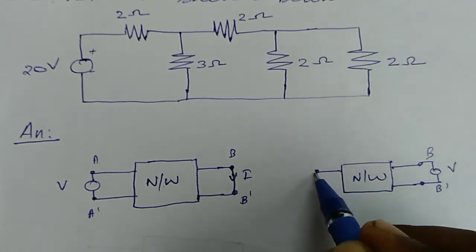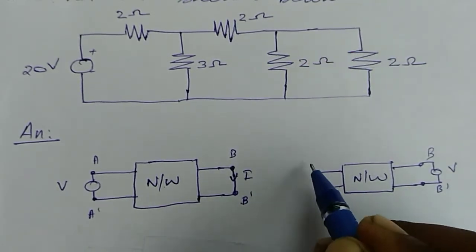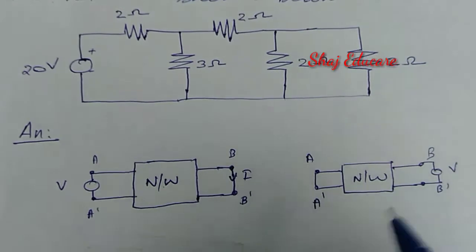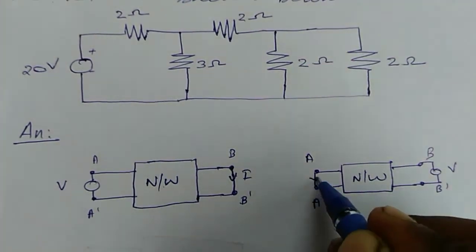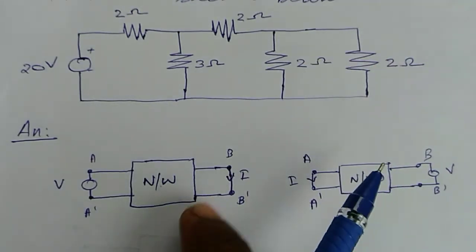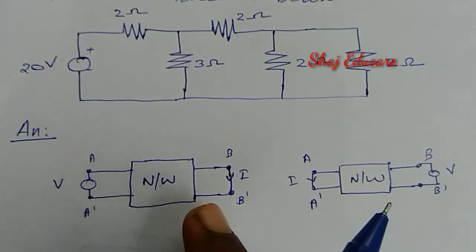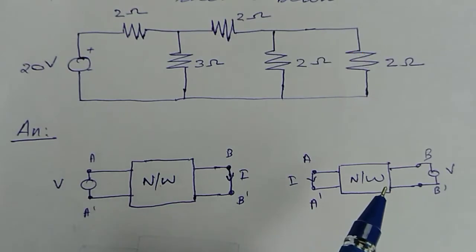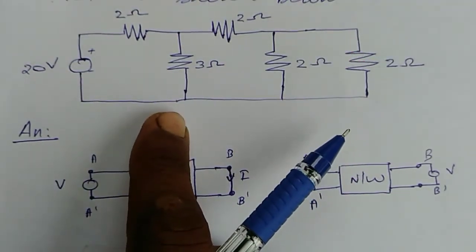Then evaluate the current in the node A dash. Let it be I. Then in both cases the ratio between V and I will be the same. That is what the reciprocity theorem says.